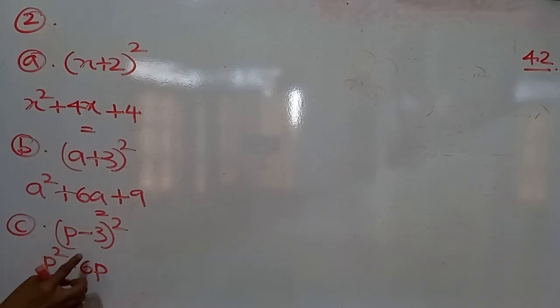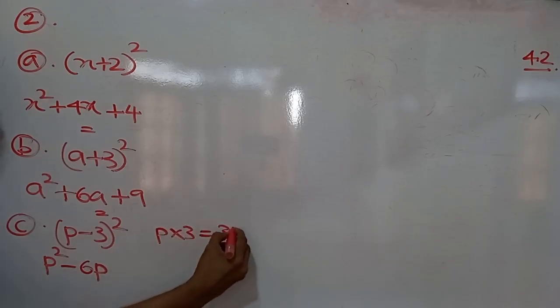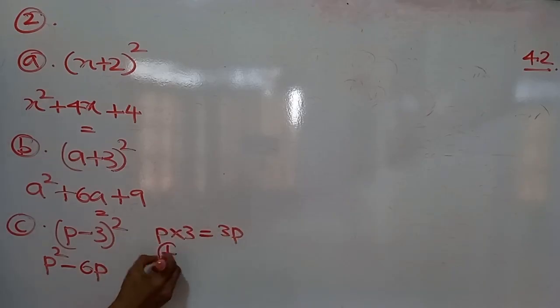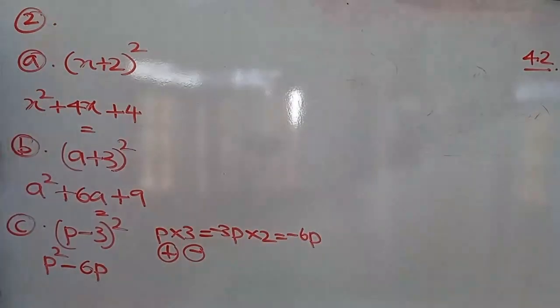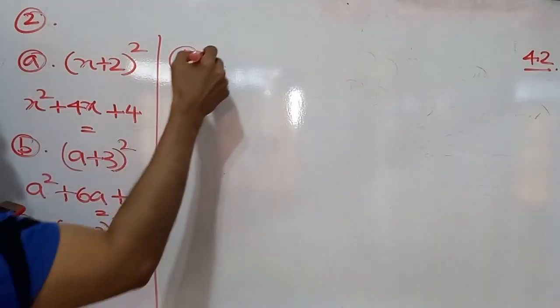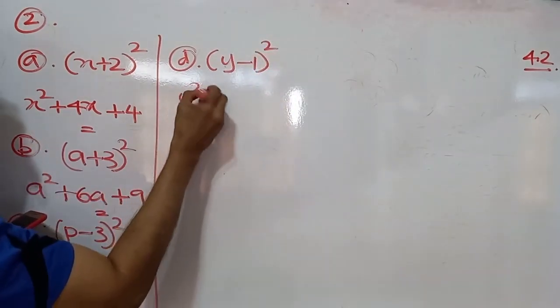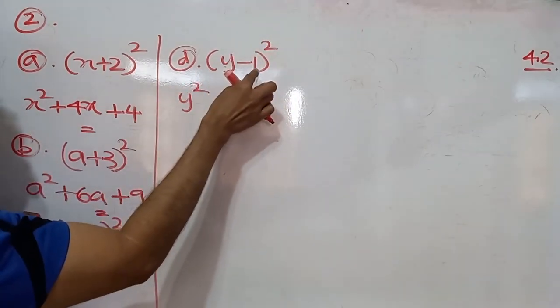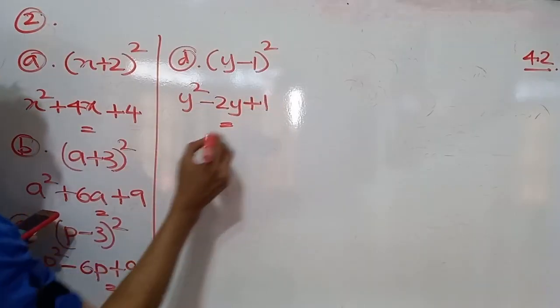P into 3, that is what? 3P. But P is positive, 3 is negative, so they are negative. Then we also have to multiply by 2. Then negative 6P. Right? Then plus 9. So that's the answer. Y minus 1 square. So we get y square here, negative y, multiply that by 2, we get what? Negative 2y plus 1.